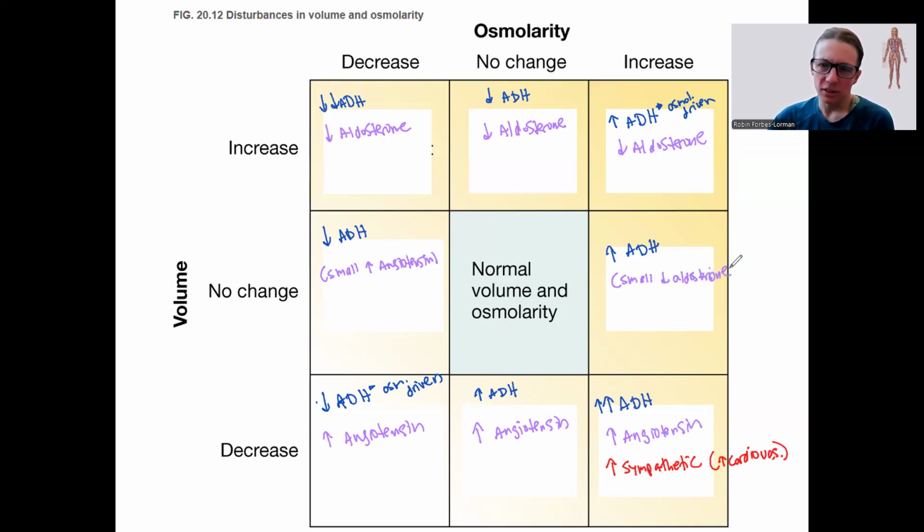And I did that all down there as well. And I did it on half of them apparently. All of these should say aldosterone. Really, it would be angiotensin also. It's just that's not the one that complicates.